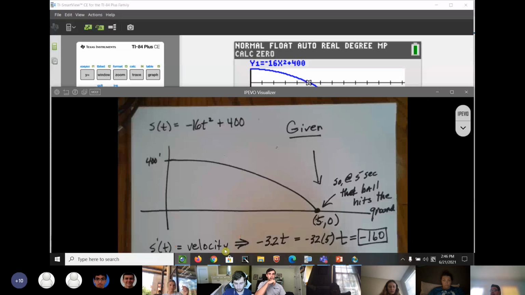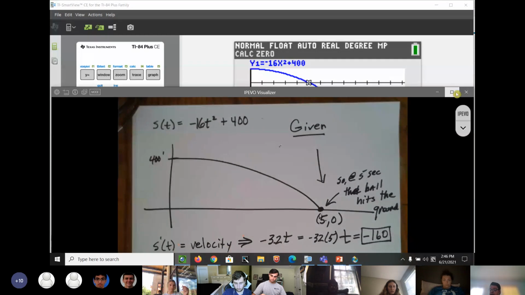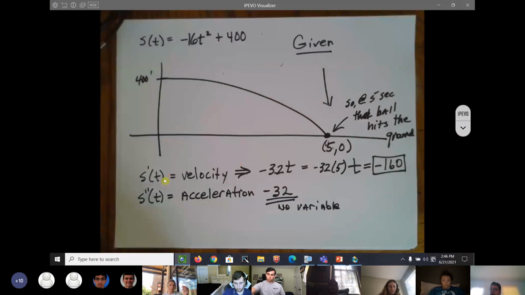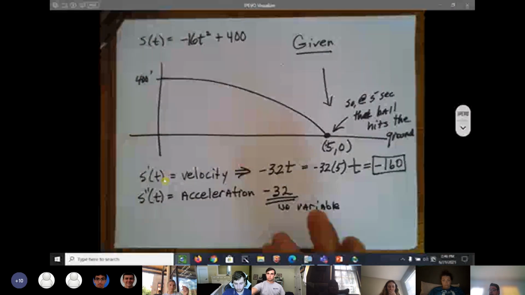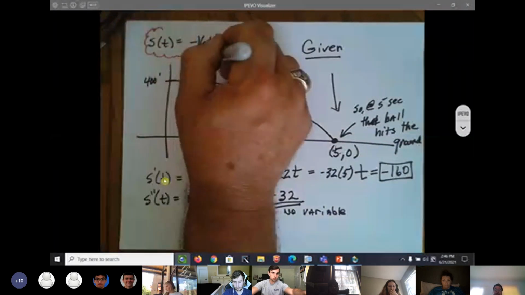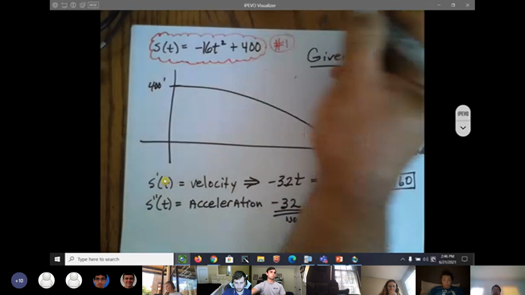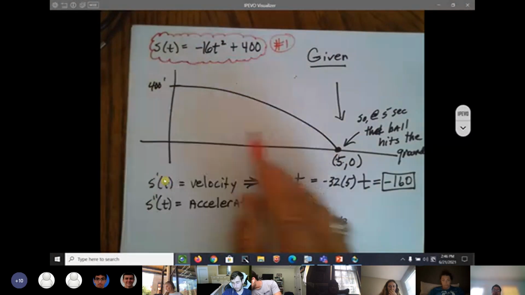So in this problem, the first thing you have to do is find the equation that you're working with. So I'm going to put a red mark around that. What equation are you working with? Okay, that's number 1. Now, number 2 is find out everything you can that's given. Why did I draw this graph?